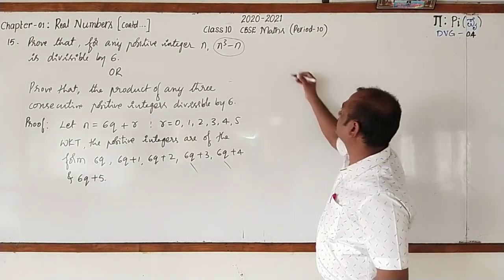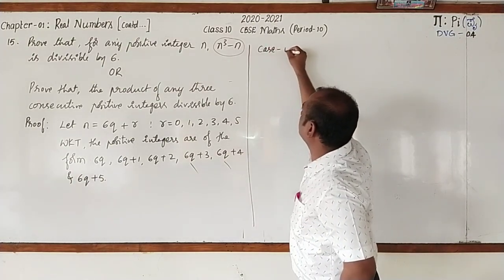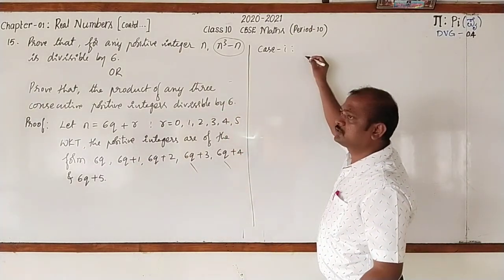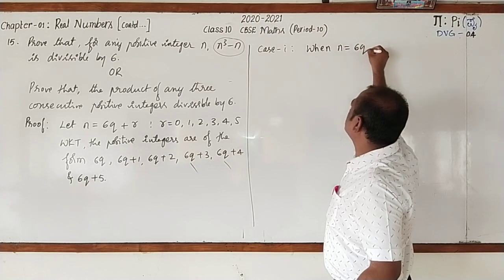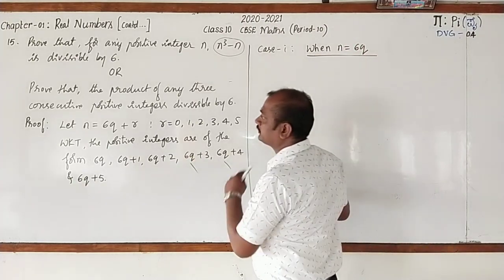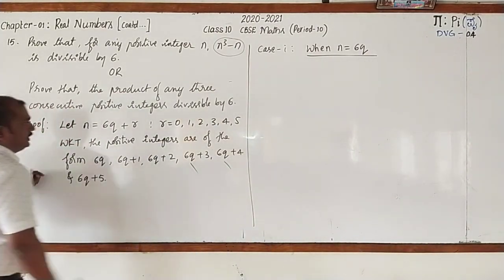Now let's go for taking any 2 cases. I write case 1. In case 1, I take n equal to 6q. Observe, the product of 3 numbers.